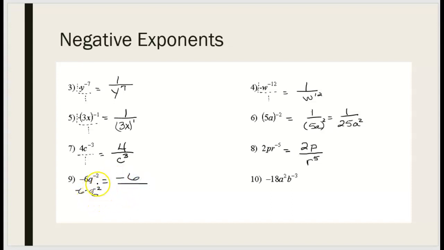Is my q raised to a negative exponent? Why, yes, it is. So we are going to take the base of q with its exponent of 2 and move it to the other level of the fraction. The negative in the exponent gets to go away because it has done its job. Okay? You may pause the video and try number 10.